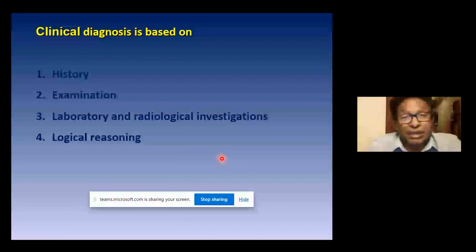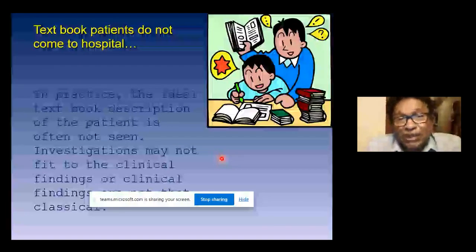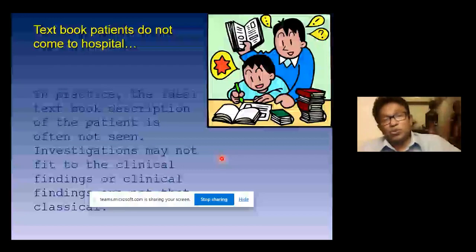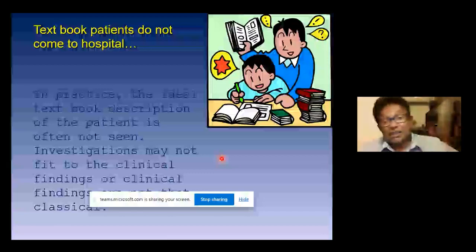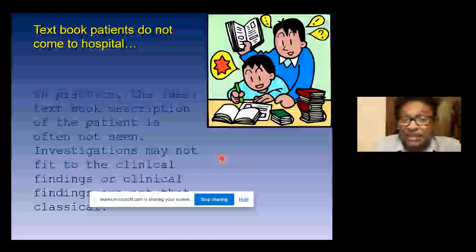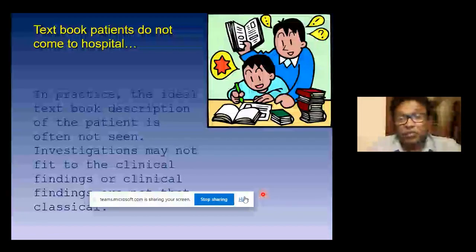Now, in actual practice, you don't get these textbook patients. We call them textbook descriptions. It is not there. You find sometimes the investigations may not fit into the clinical findings, or sometimes the clinical findings are not really classical. You don't see exactly what you think about.